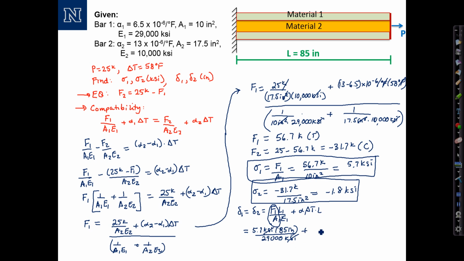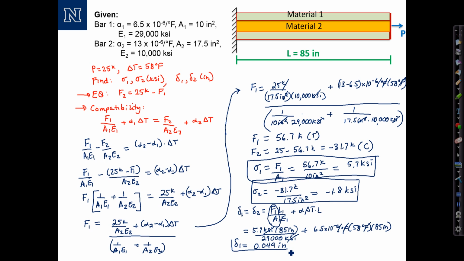Plus alpha 1, 6.5 times 10 to the negative 6 per degree Fahrenheit, 58 degrees Fahrenheit times 85 inches. The Fahrenheits cancel out, and we are left with 0.049 inches. So that is the deflection.